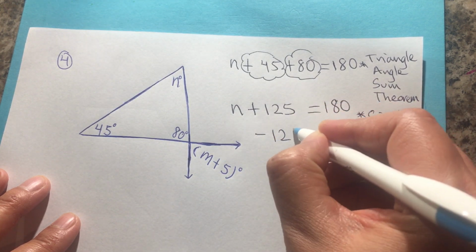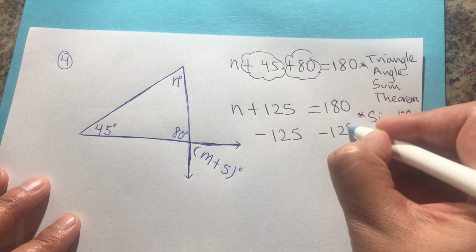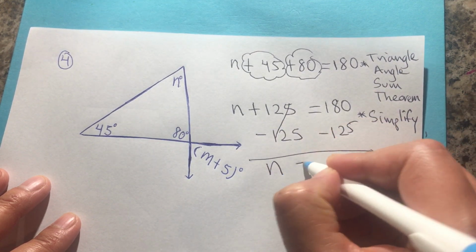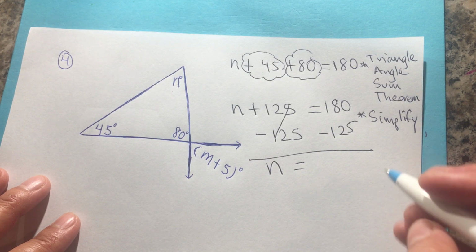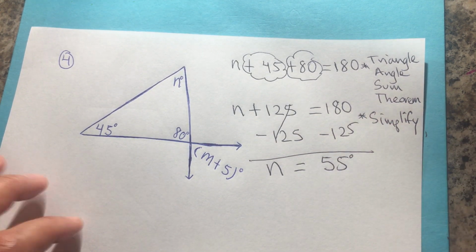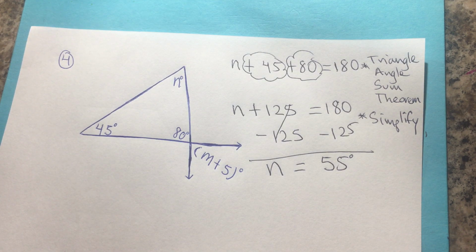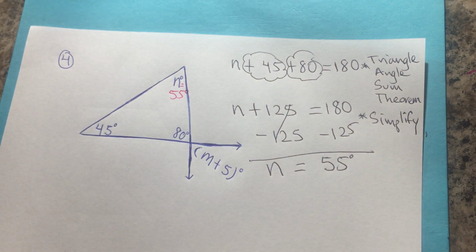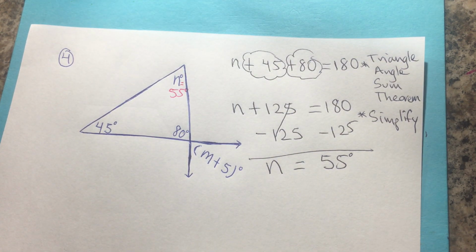Then after that, we're going to subtract 125 from both sides. And it gives us that the value of n is equal to 55 degrees. Okay, so n is equal to 55 degrees. What about m?